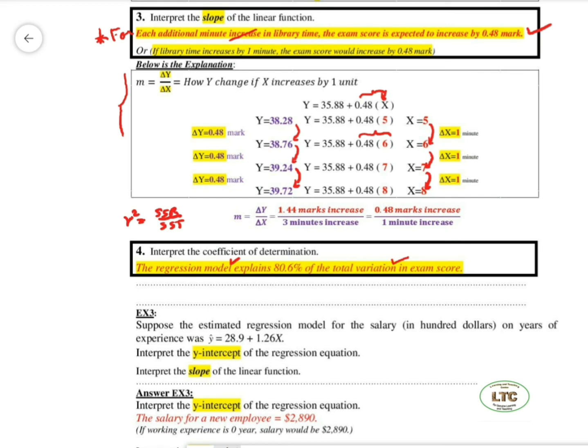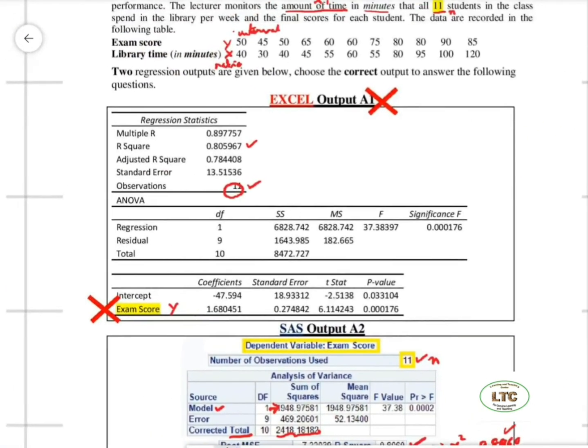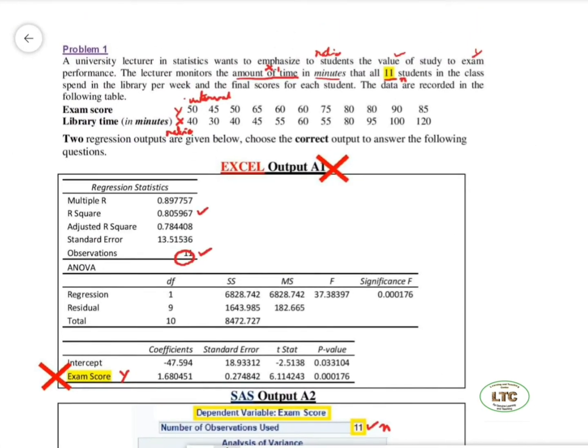If you use this equation to estimate the exam score for 40 minutes, you will get some number. The exact score is 50, and your Y hat will be a little different from 50. If you enter 30 and 8, Y hat will be a little different from 45, and so on. If you add all these squared differences, this is the total error.